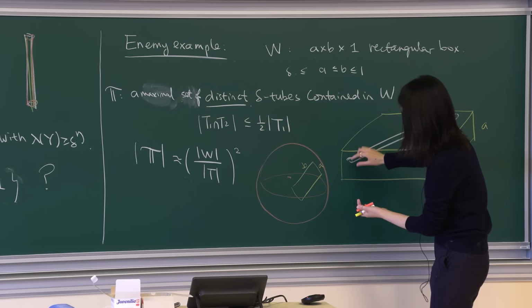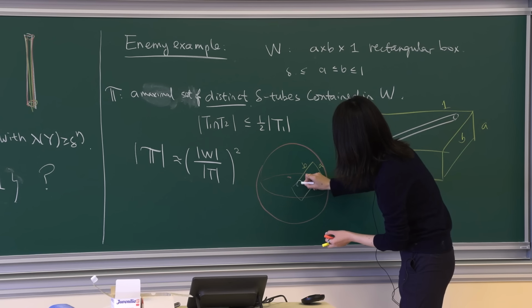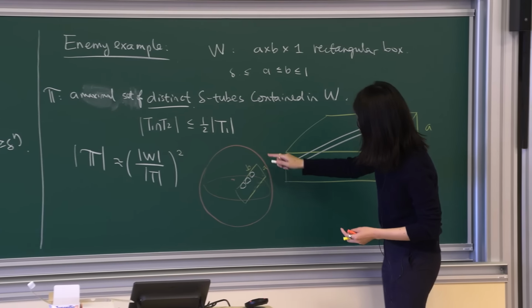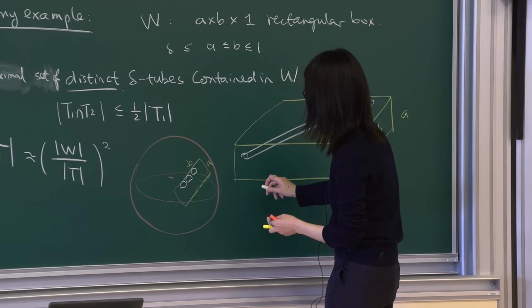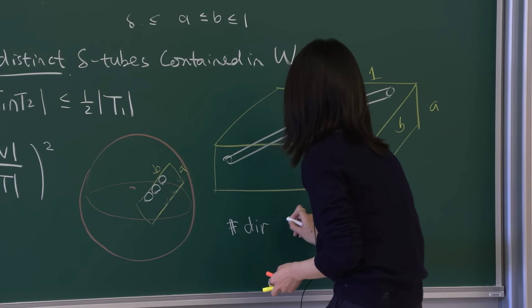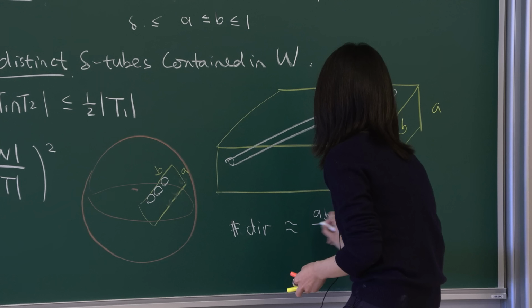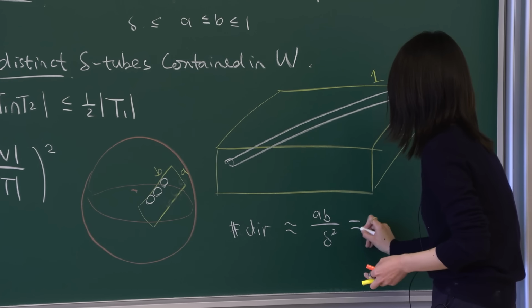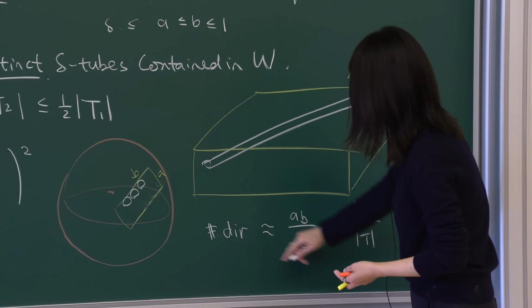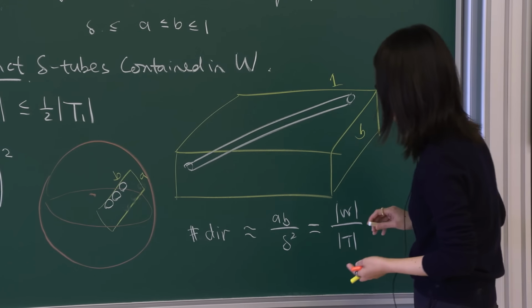And each delta tube corresponds to a delta cap, a direction cap on the unit sphere. So how many directions are there? The number of directions is roughly AB over delta squared, which is the volume of W over the volume of T. So we have this many distinct delta-separated directions.